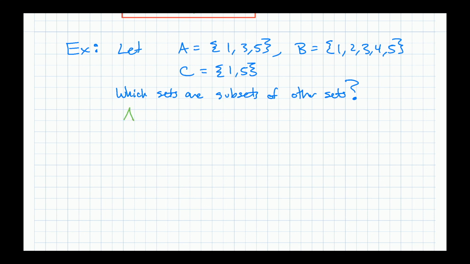So A could be a subset of B, or A could be a subset of C, or B could be a subset of A, or B could be a subset of C, or C could be a subset of A, C could be a subset of B, right?